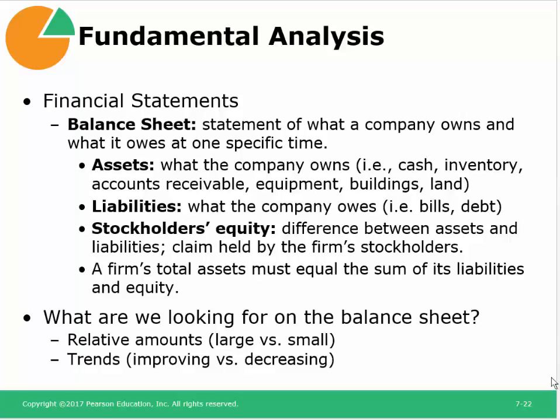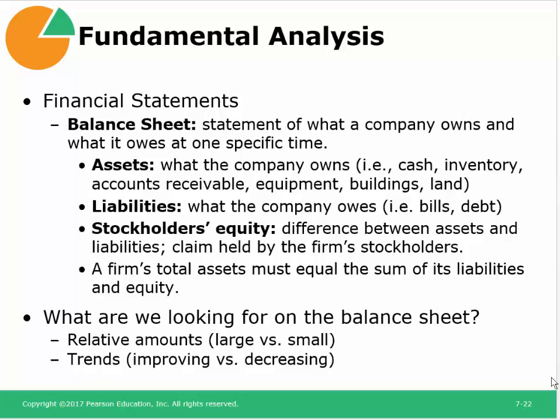Liabilities is what we owe. So if you subtract what we owe people from all the assets that we own, you're left with what's referred to as stockholders' equity, right? This is the claim that the stockholders of the company have on the firm itself.